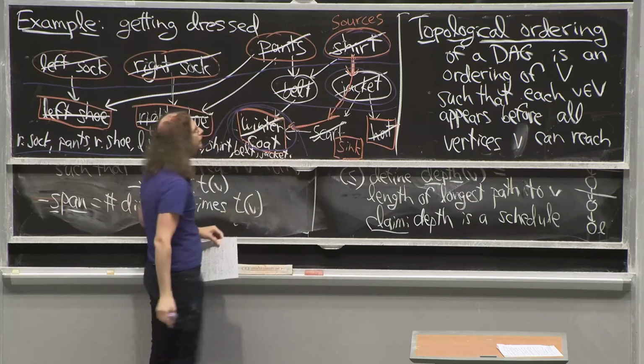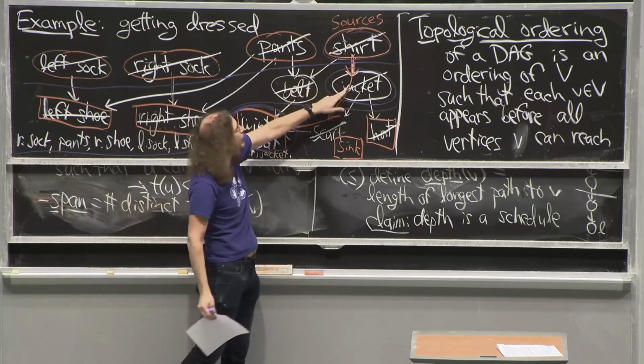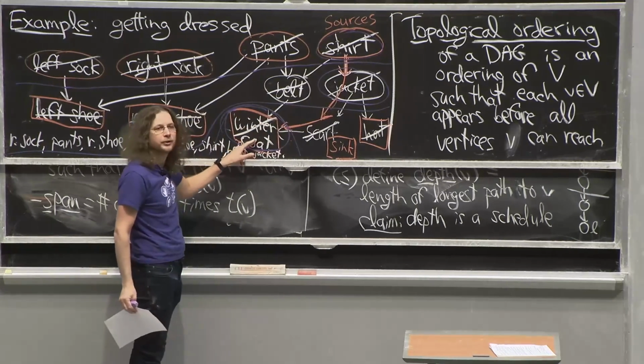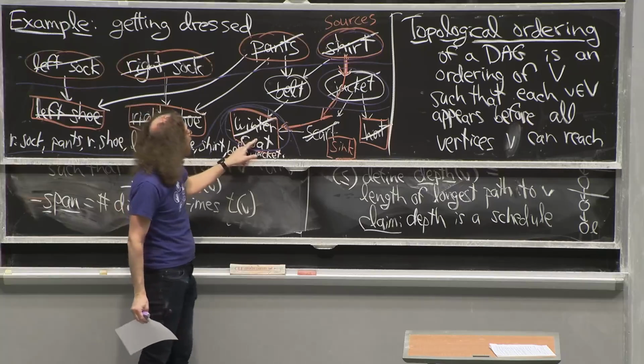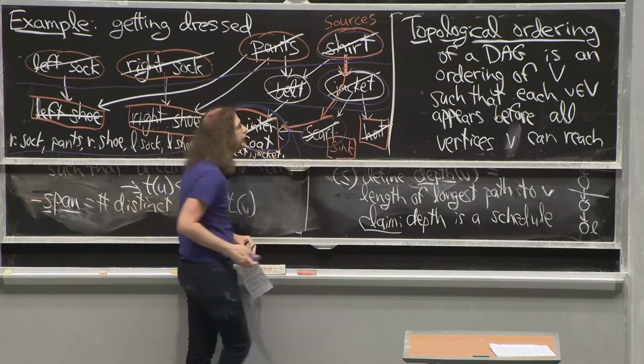All pairs of them are related. And in fact, they have a fixed order. Shirt has to happen before jacket, jacket has to happen before winter coat. I happen to skip scarf, but I could also put scarf in. That would be a longer chain.